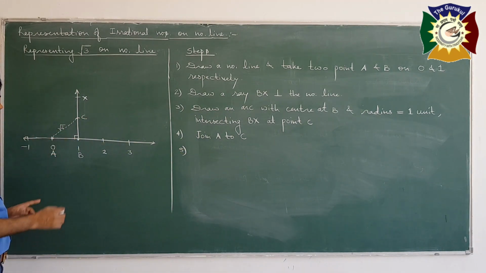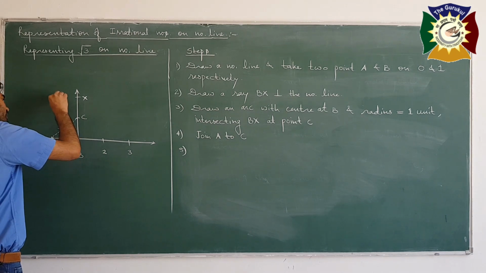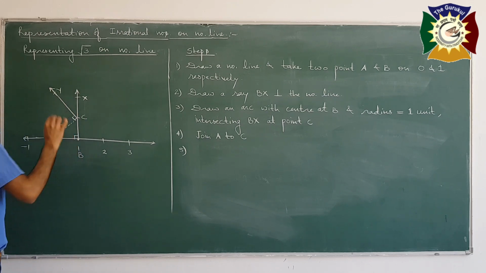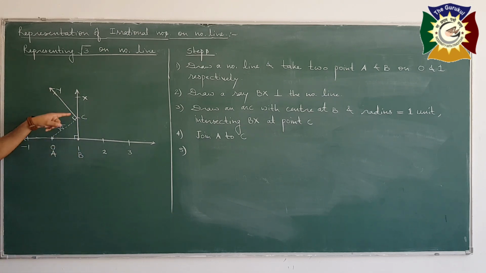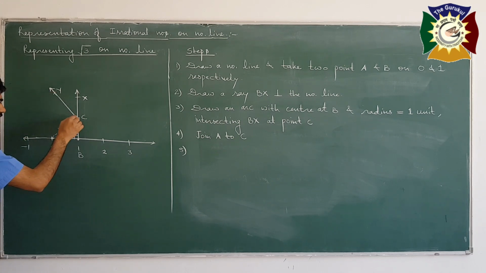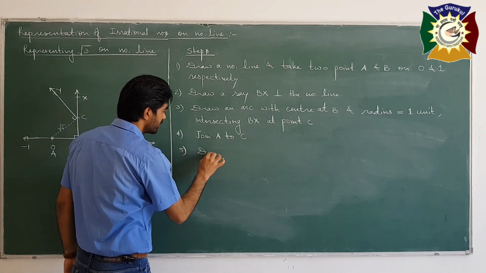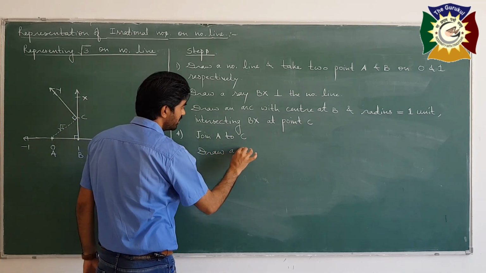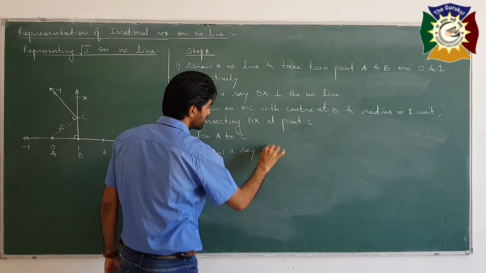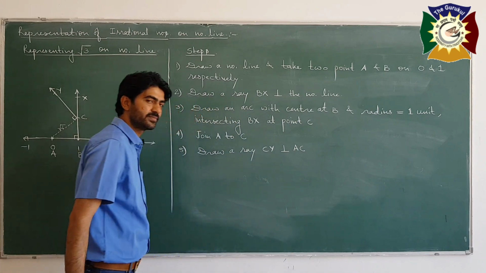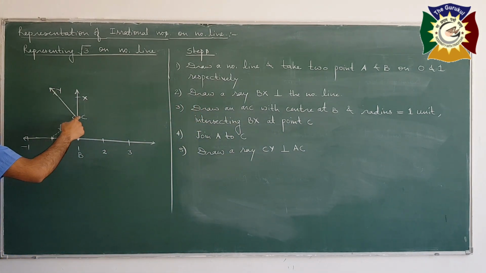Fifth step, we will draw another ray CY perpendicular to AC. This angle must be 90 degrees.